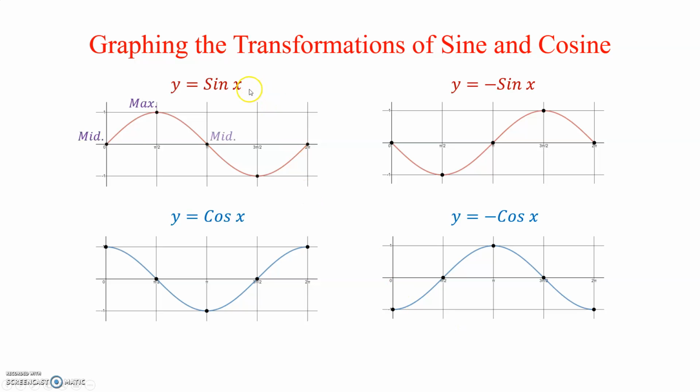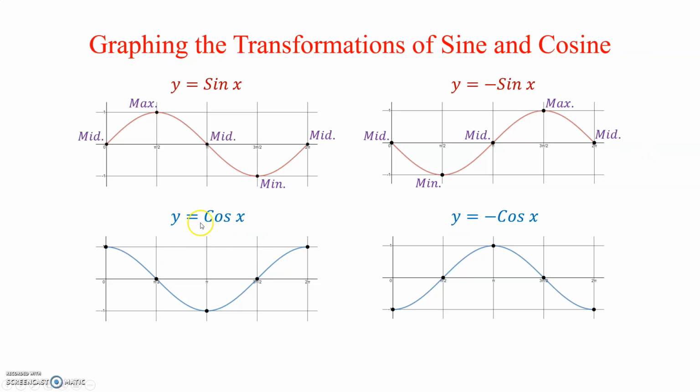When we look at the first one, the sequence of points goes from the mid, the max, the mid, the min, the mid, meaning sine starts at the midline, and if the a was positive, we're going up to the max. Whereas if the a was negative, again, we're starting at the midline, but now it goes down to the min, mid, max, then mid. So we have the sequence of 5 points.